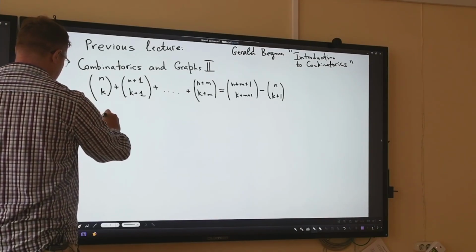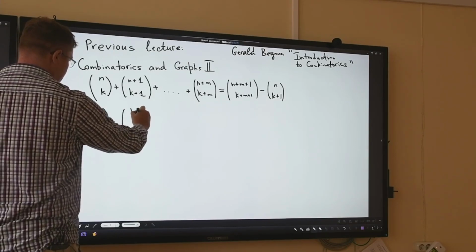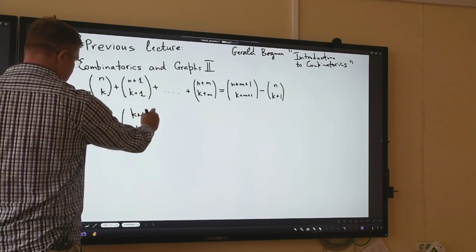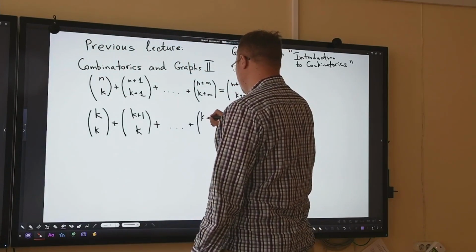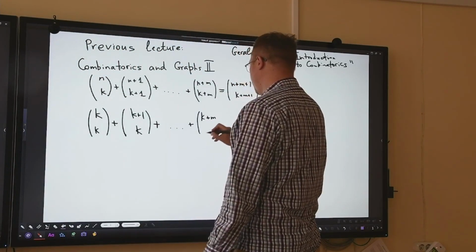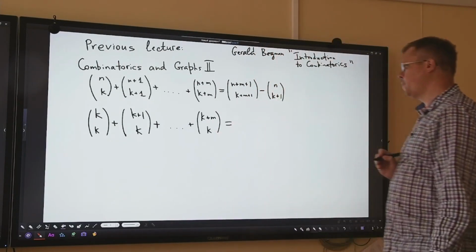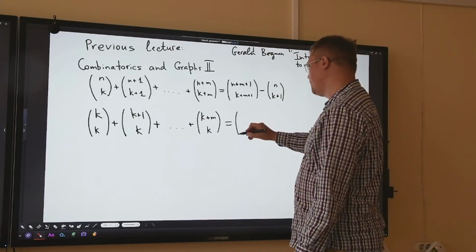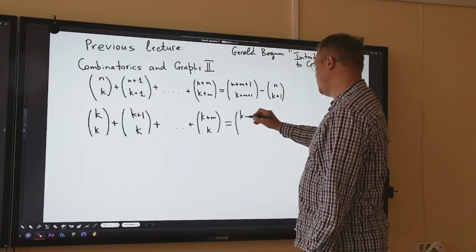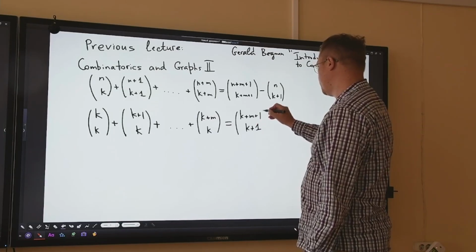I will start with k choose k, add k plus 1 choose k, etc. And the last one will be k plus m choose k. And this is equal to k plus m plus 1 choose k plus 1.